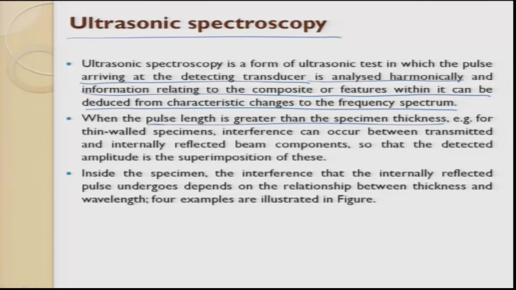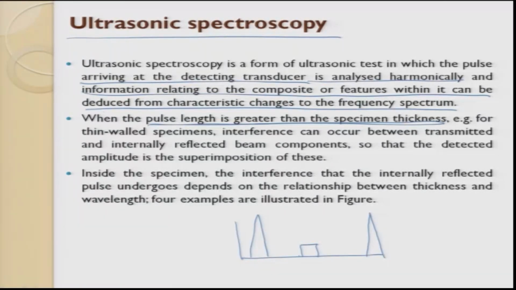If the pulse length is greater than the specimen thickness, when can it happen? The pulse length, whatever you are taking, this is one pulse, this is another pulse. If the sample falls somewhere here, then it is very difficult.